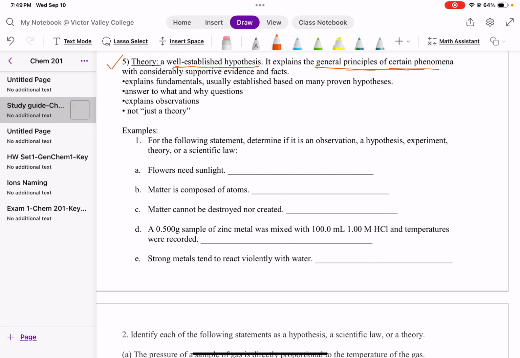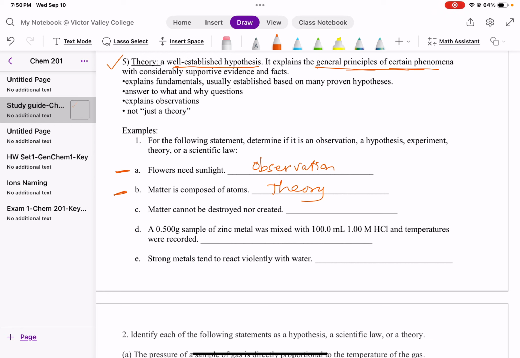When someone writes a statement, say flowers need sunlight, that someone is making an observation. As you can see. When someone carries out a lot of observations, probably a lot of experiments, and comes up with the conclusion that matter is composed of atoms, that is a scientific theory.